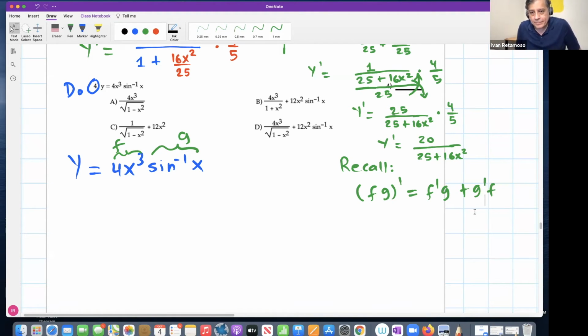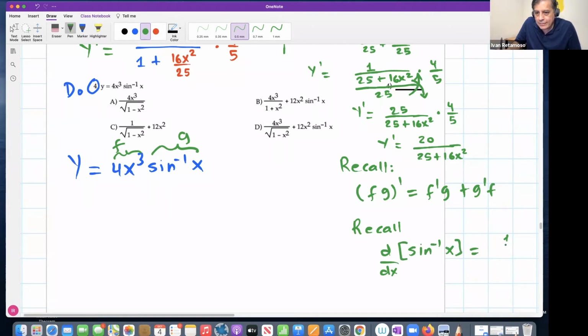Go ahead. And also recall that the derivative with respect to x in general of the sine inverse function is just this, 1 over a square root of 1 minus x squared. So use these two, together with a product rule, and figure this out.